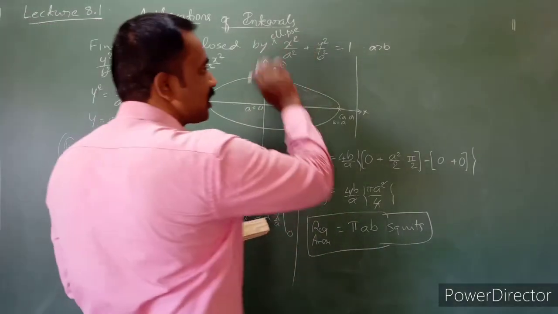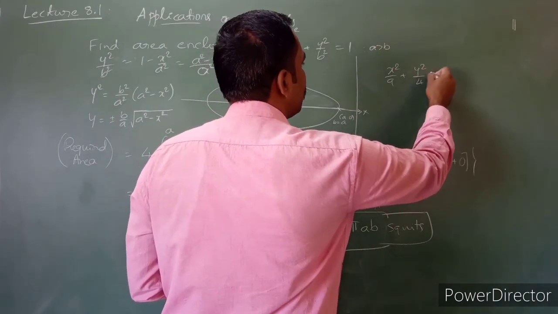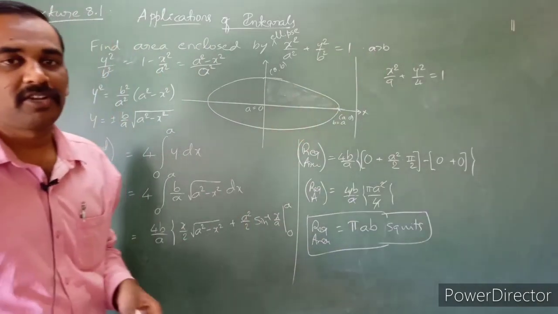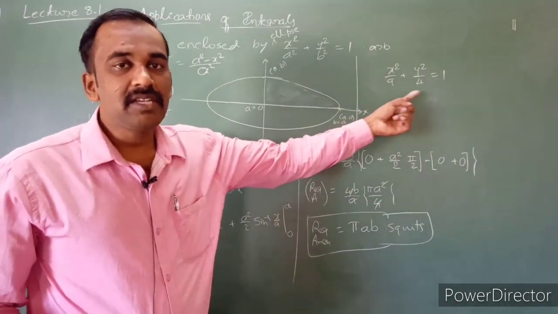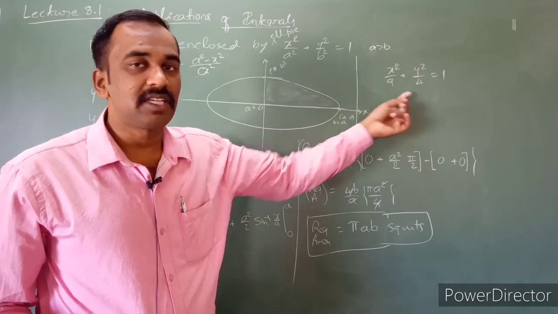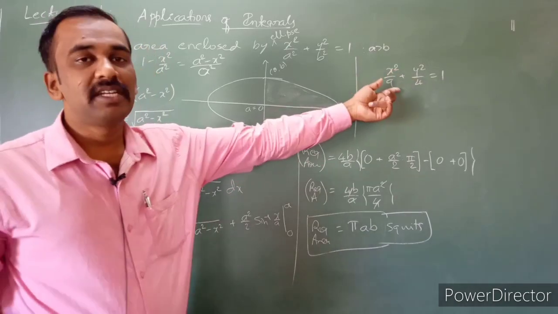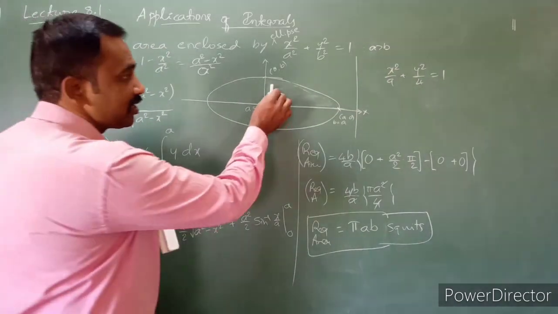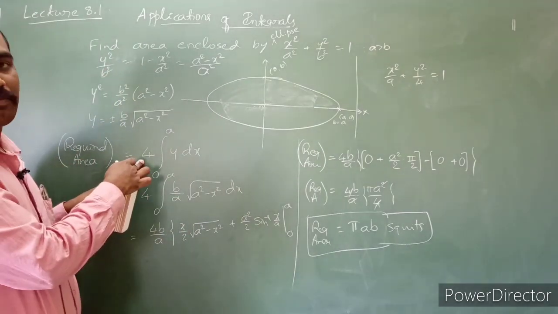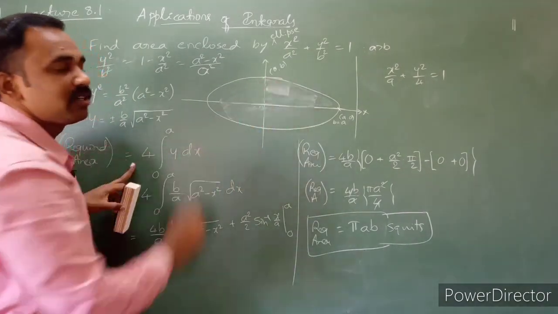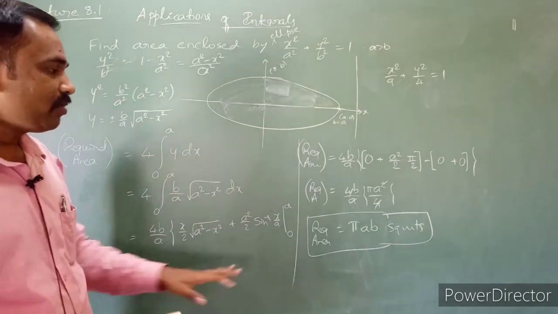Generally the question is, if they give x square by 9 plus y square by 4 is equal to 1, what is the area bounded by the ellipse? Pi ab, a value is 3, b value is 2. 3 2s are 6 pi is the required area enclosed by the ellipse. This is the total area, not only the first quadrant value, because I have already multiplied 4 times this portion. So this is how we have to solve the problems.